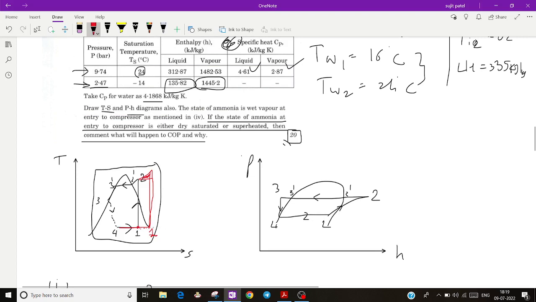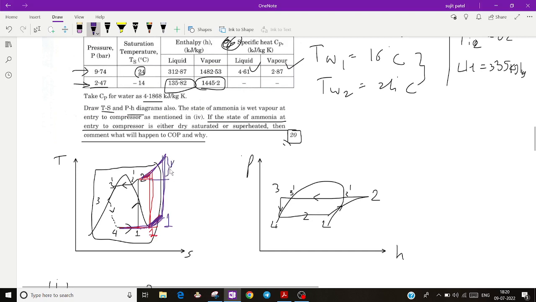But if you further superheat, the compressor work will increase rapidly. In that case, the relative increase in the refrigeration effect and compressor work will decide whether the COP will increase or not, because as point 1 shifts, the refrigeration effect becomes very high, but simultaneously the compressor work is also increasing by a considerable amount.